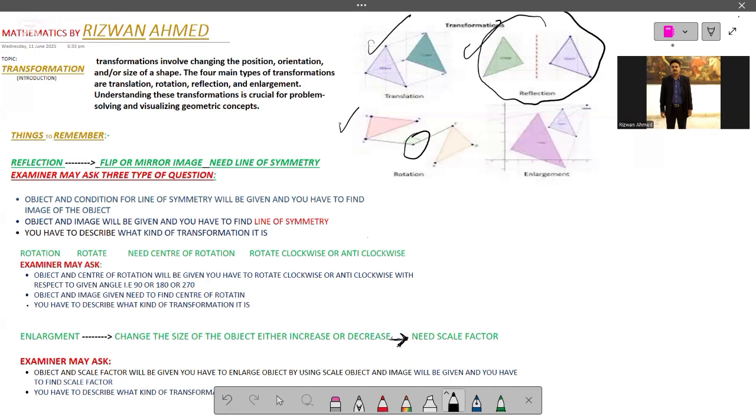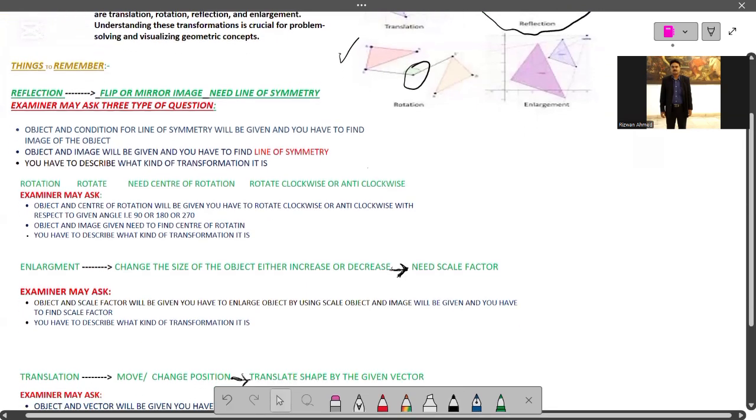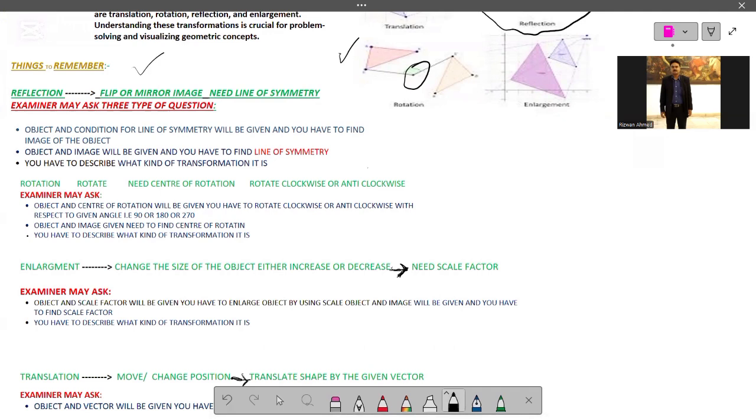Now, important things to be remembered for reflection. Reflection means flip or mirror image, or you can say we need a line of symmetry, which is of different types.